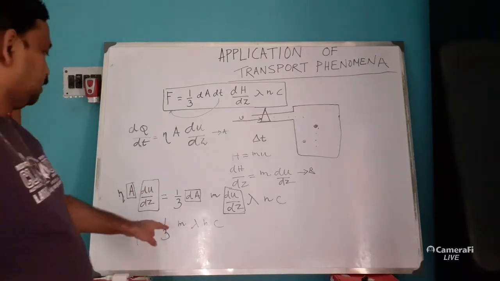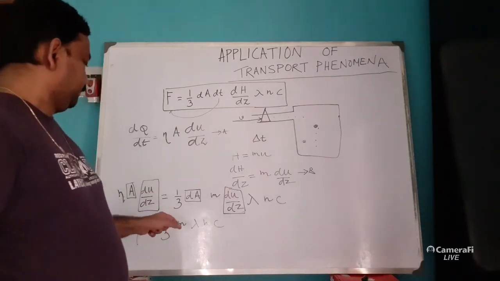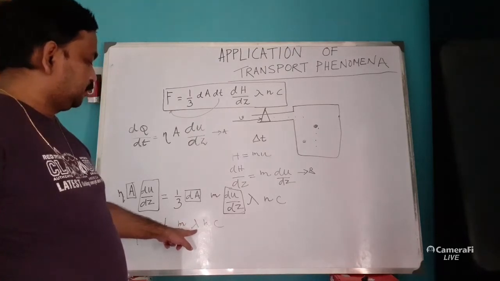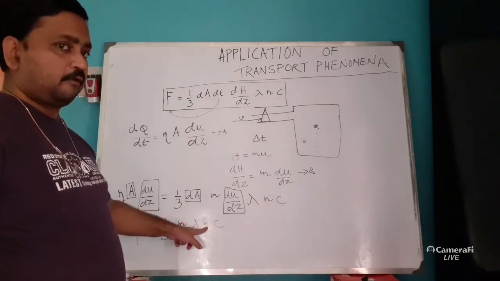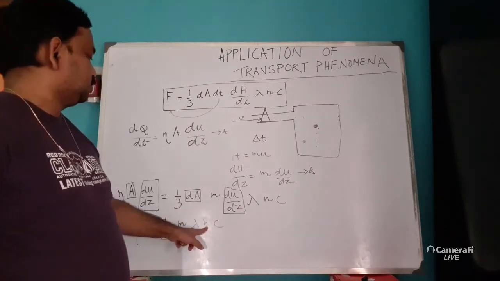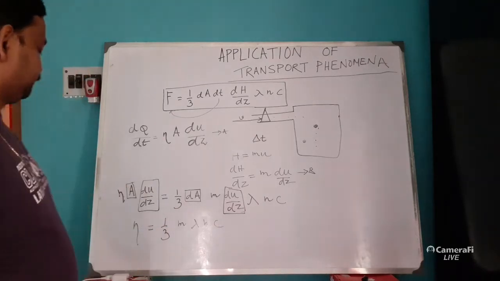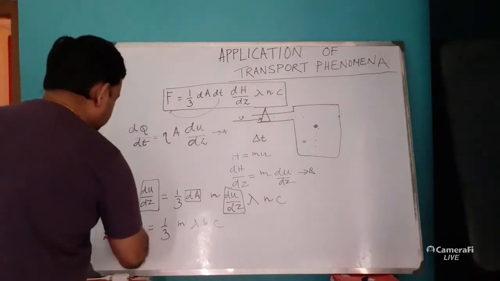There is one small mistake: n is not the mass per unit volume. So our expression for eta is this.